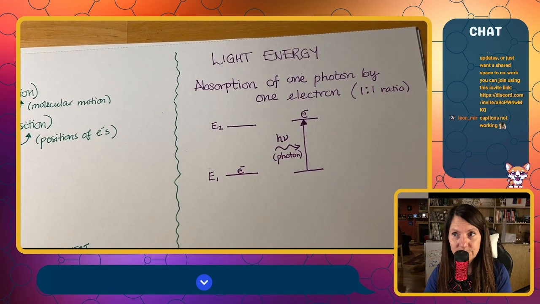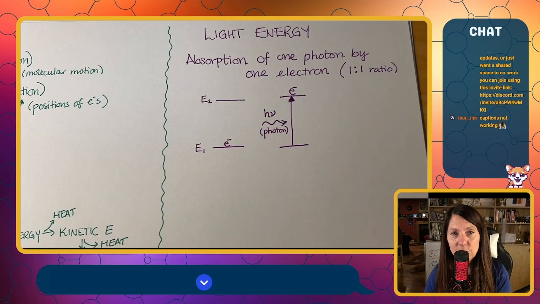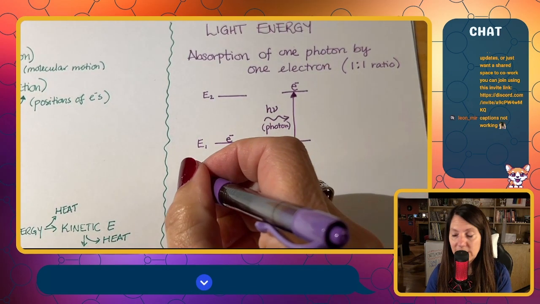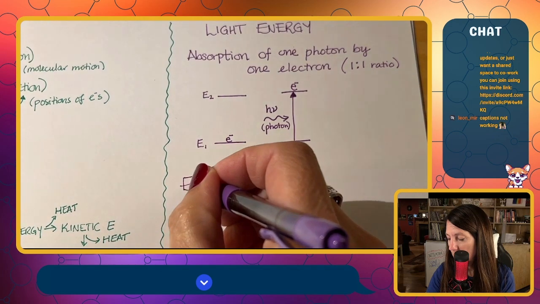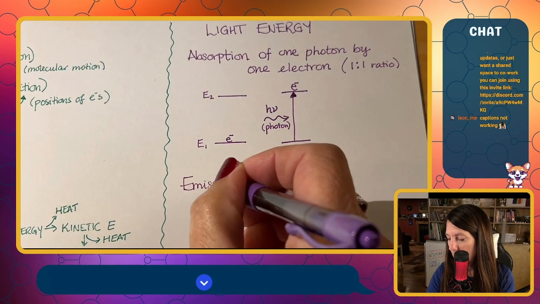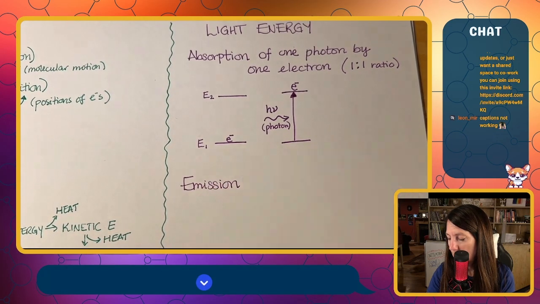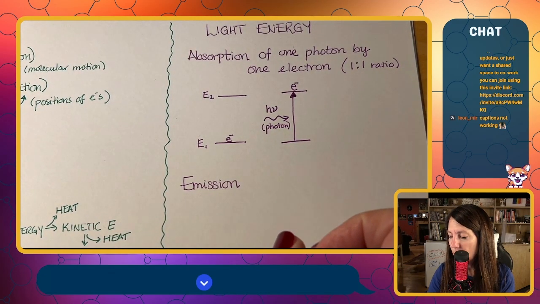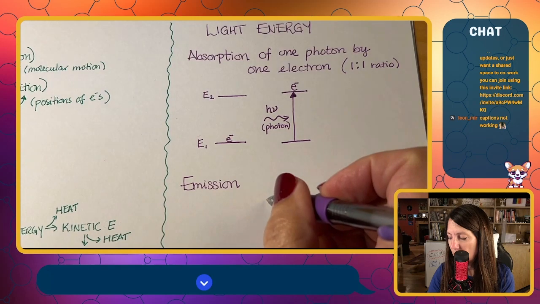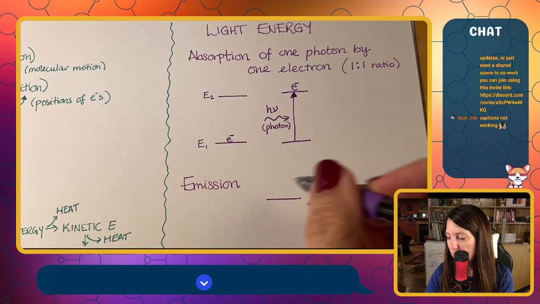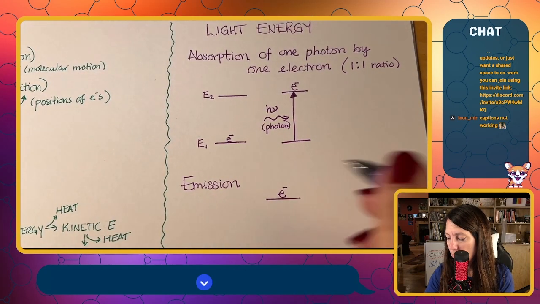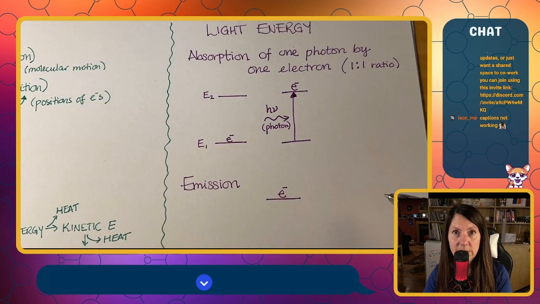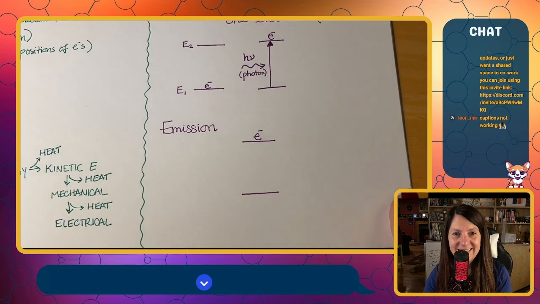Okay, we also, with light energy, we can have emission. And here it is the exact same thing in that we've got a 1-to-1 ratio from when you have an electron and, I want to move this up.